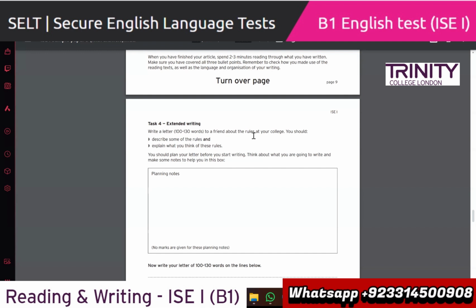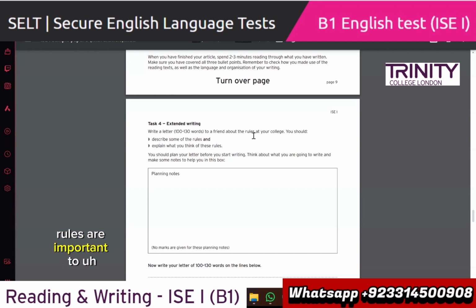Okay, that's all. If I would give you an example here, I would say that secondly, I want to explain what I think of these rules. So I would say, I think the rules are important for discipline, for success of students in college, success of the college itself, to treat everyone equally.